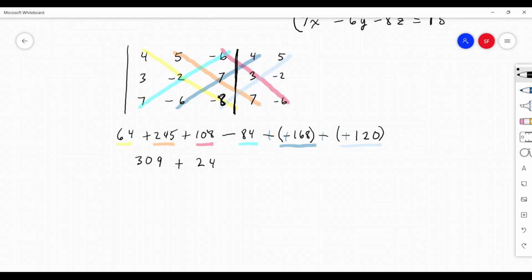So that should be 288. So 309 plus 24 plus 288 gives us 621. Does that look right to y'all?